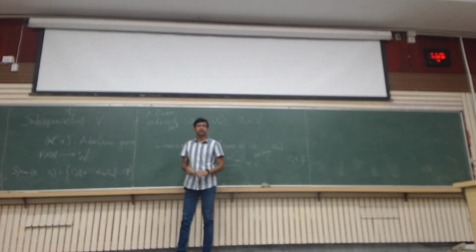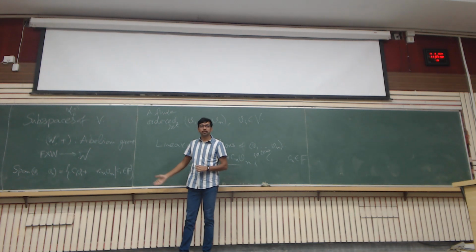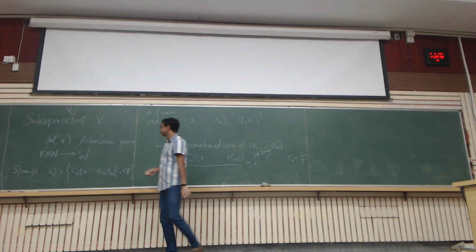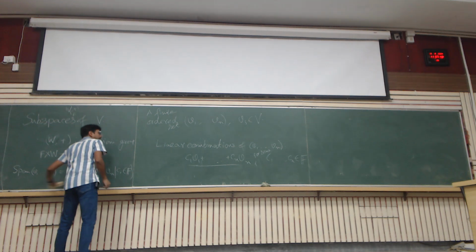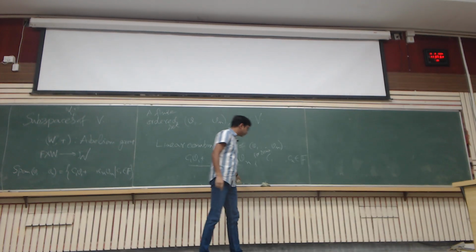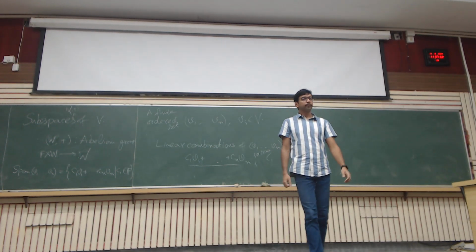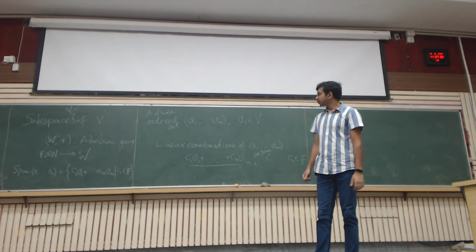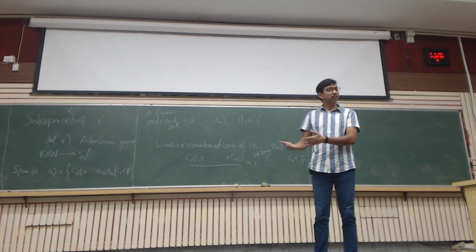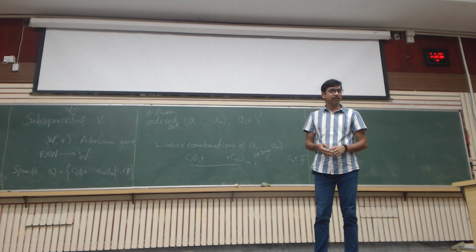It's a pretty straightforward definition. Can c1, c2 up to cn be all zero? Yes, they could be all zero. That is, zero is inside the span as well.